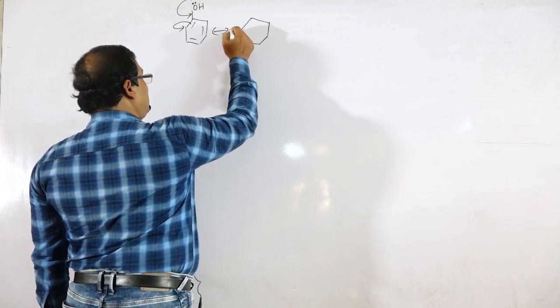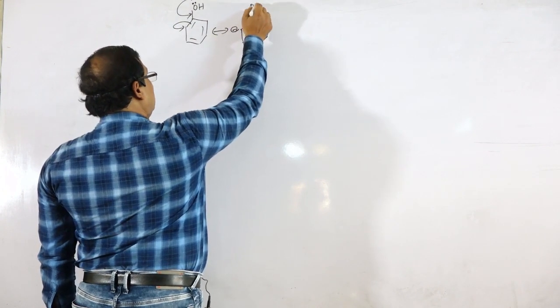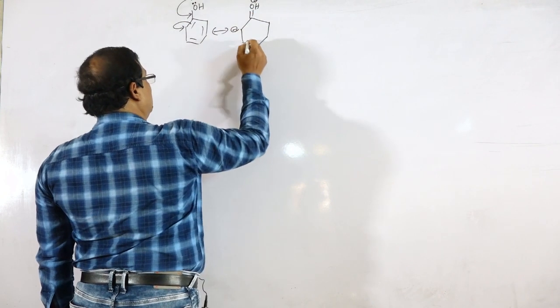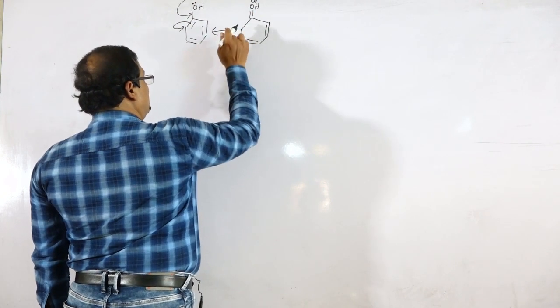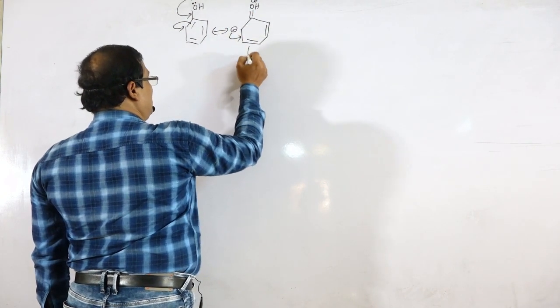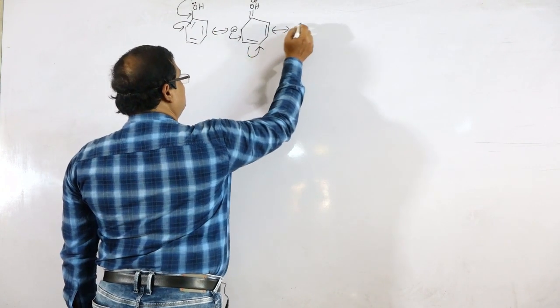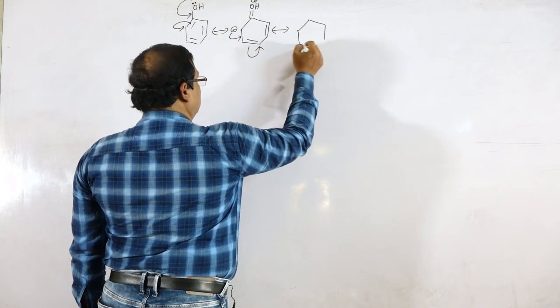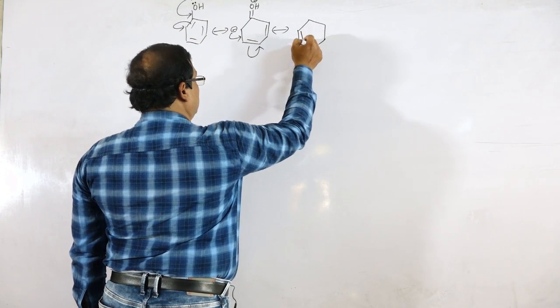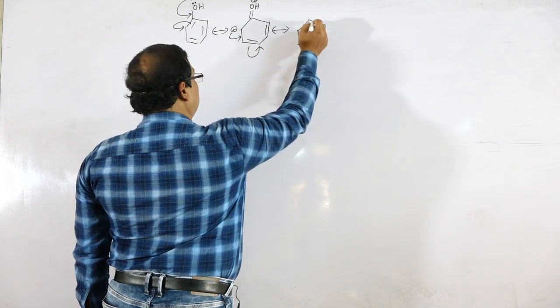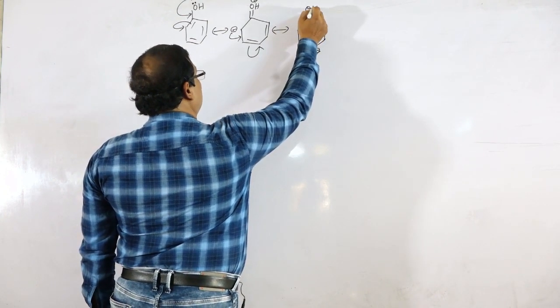Resonance is taking place. The negative charge will come to the bond, and the bond will be shifted to the next atom. Double bond, negative charge, double bond, OH plus.